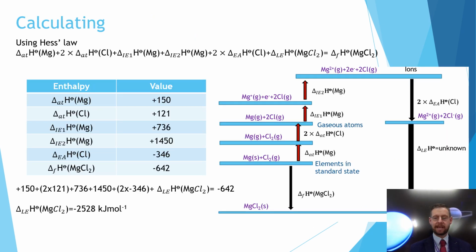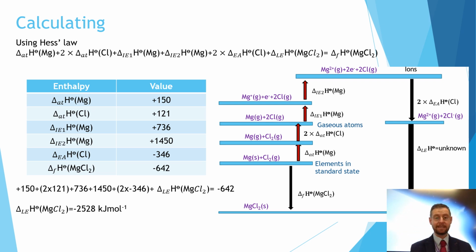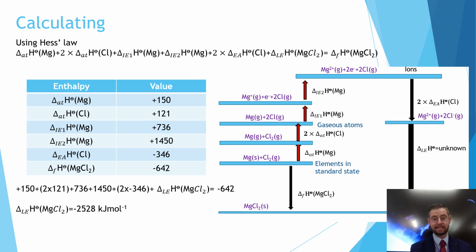So it looks more scary, but what you can see is Hess's law has been modified to count the atomization enthalpy of the chlorine twice, to count the electron affinity enthalpy of the chlorine twice, and to also include the second ionization of magnesium. So with these numbers, we solve it exactly the same way as before.